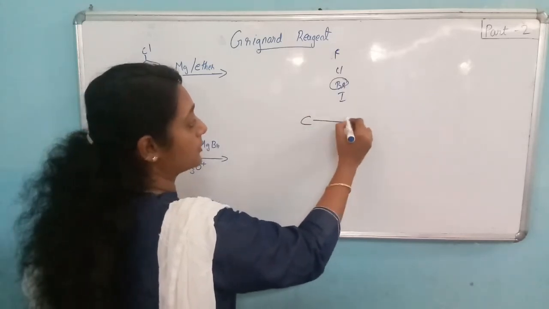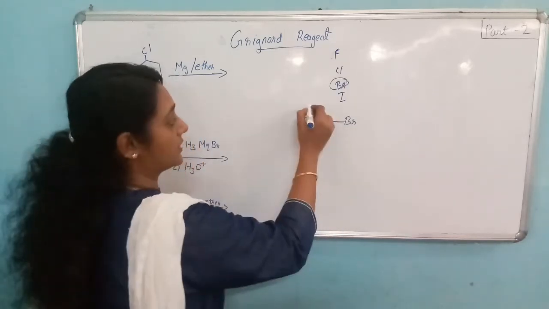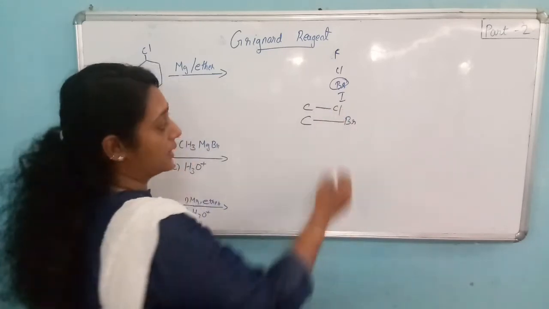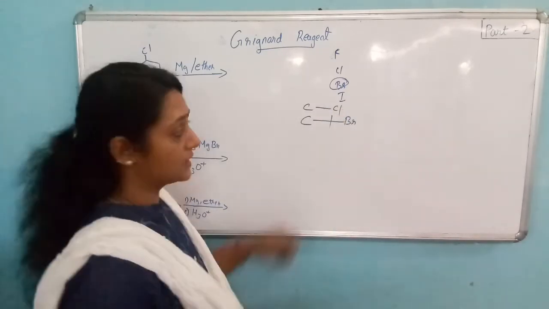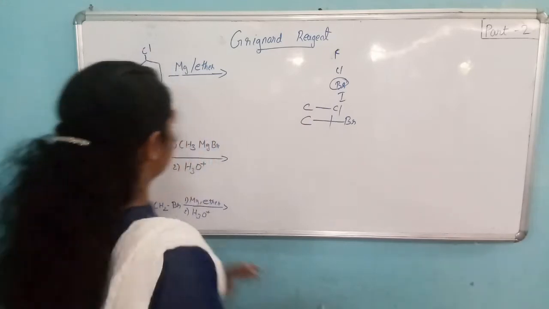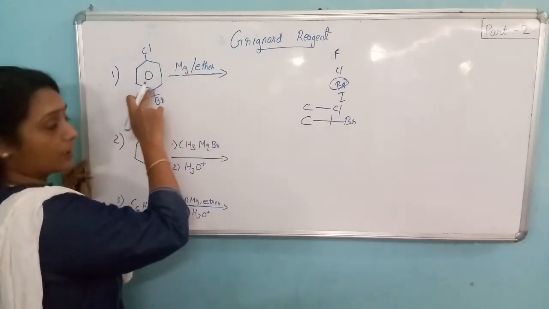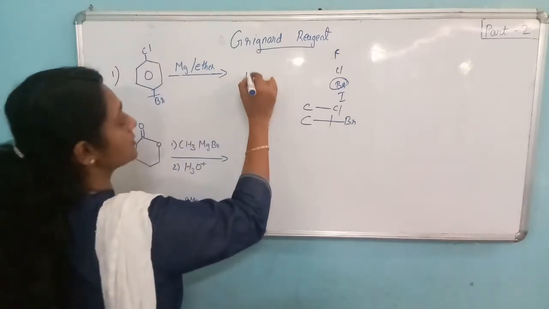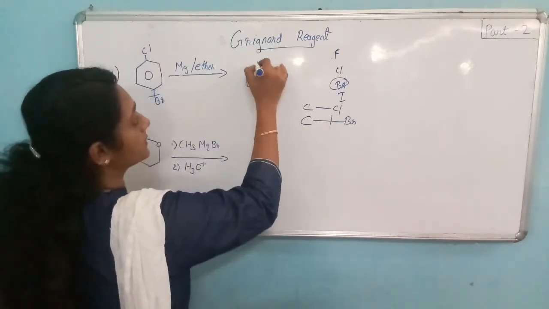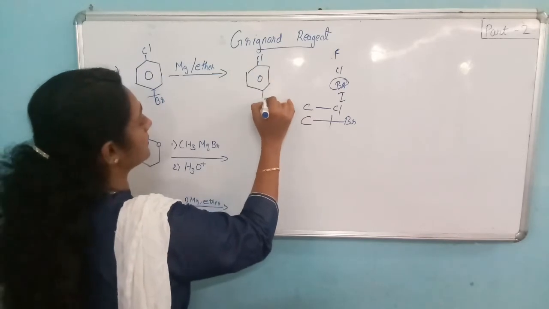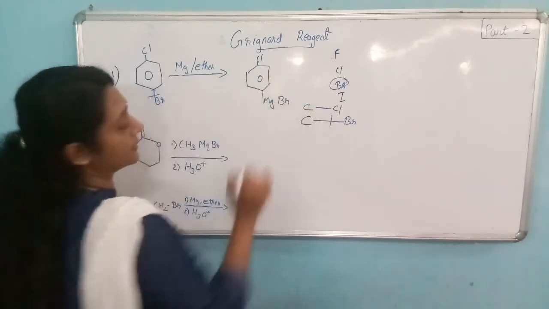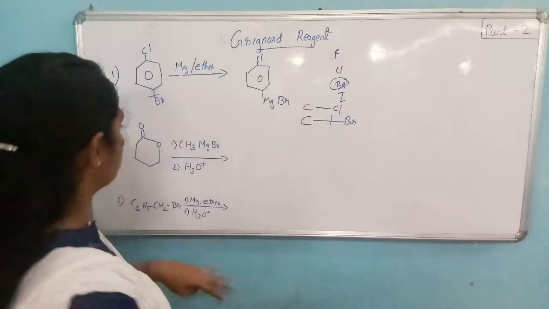So the carbon-bromine bond length is greater than the carbon-chlorine bond length, and this bond is weaker than the carbon-chlorine bond. Therefore, magnesium can break this bond and come in between the carbon-bromine bond, and the product is Cl, C6H4, MgBr. Okay, it's a Grignard reagent.